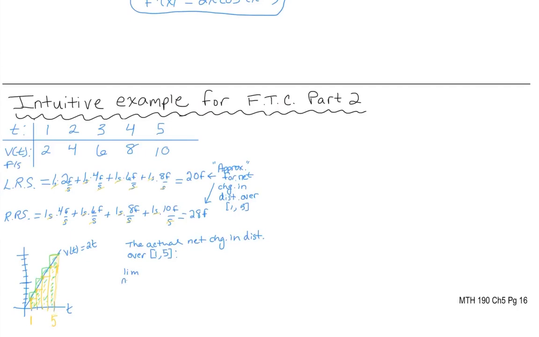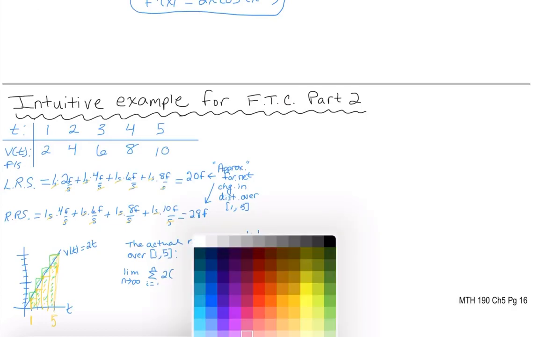Instead, it's letting the number of rectangles go to infinity of the sum as i goes from 1 to n of my function, which is 2 times, and then my representation, if we remember how this works, for the c sub i. That representation was the a plus i delta x.